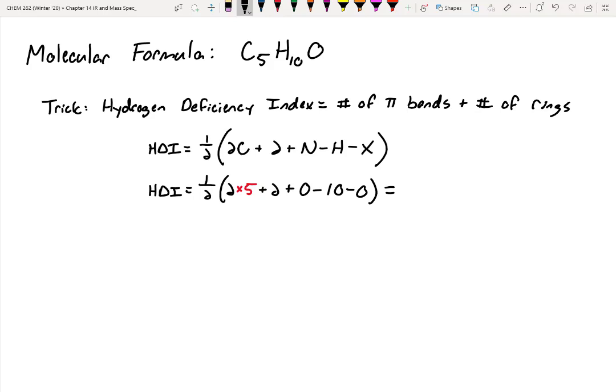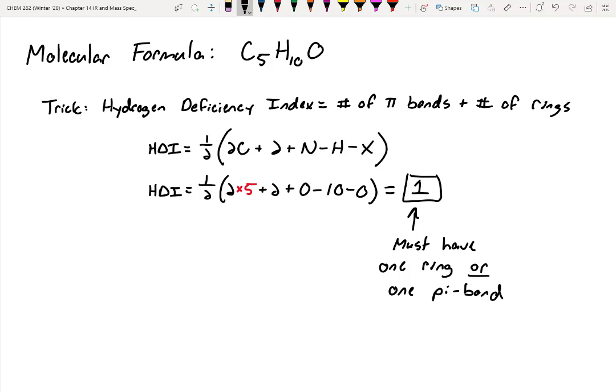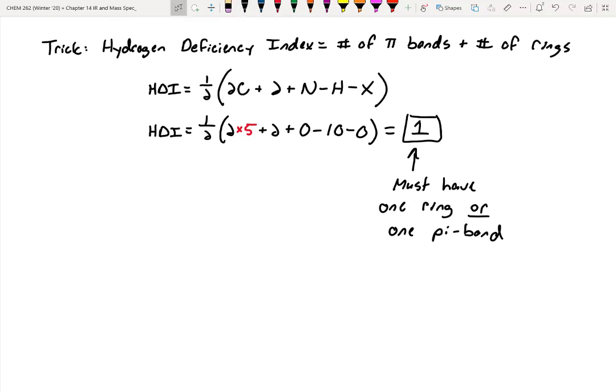We're going to multiply the whole thing by half. It must be 1, right? So this tells us it must have 1 ring or 1 pi bond. So this helps us out when we're problem solving, right?